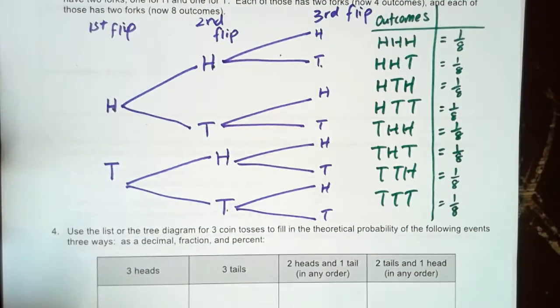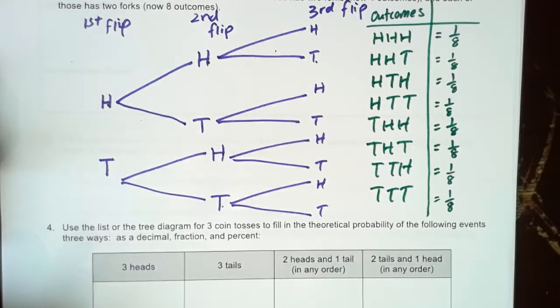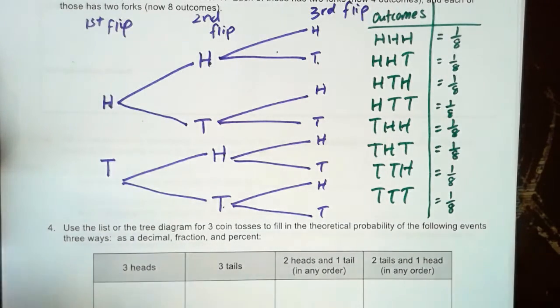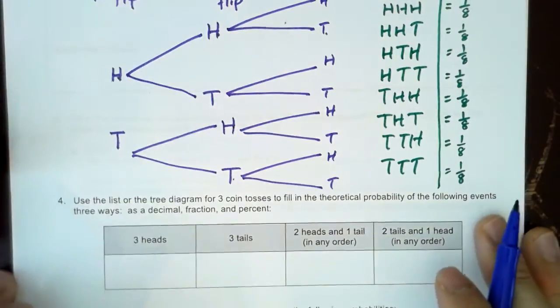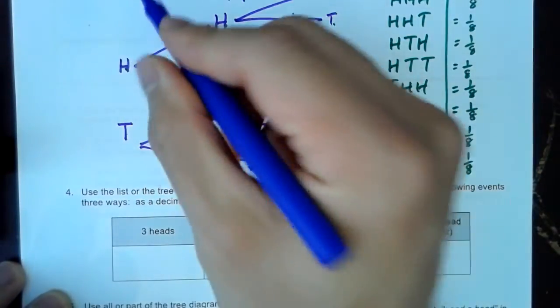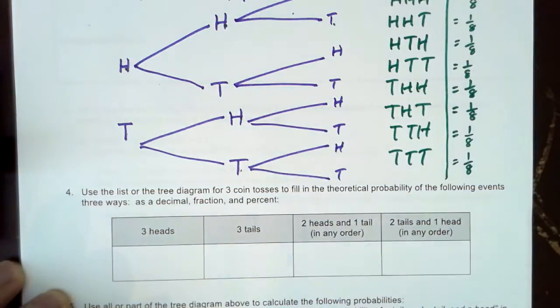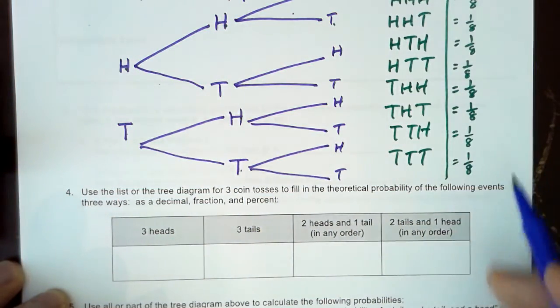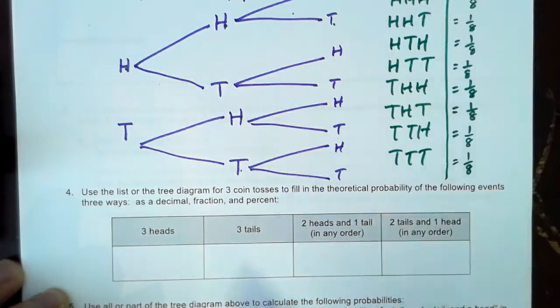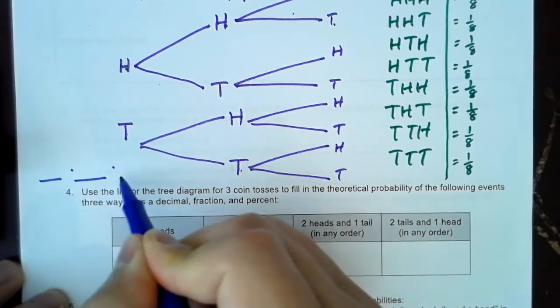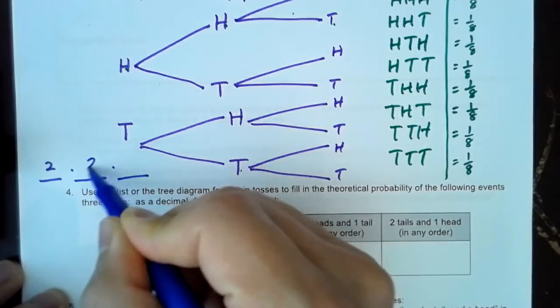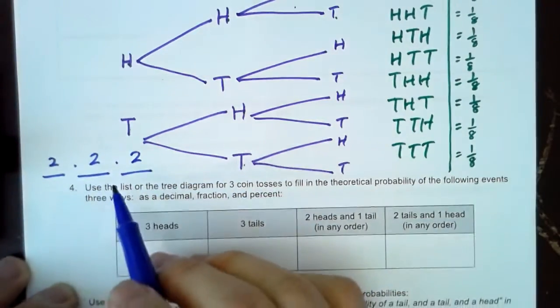And you may remember something that we call the fundamental counting principle, which is basically if you take the amount of outcomes for each event and you have a certain amount of events, then you will have to multiply the amount of outcomes for each event together. So in this case, we had 3 events, and each event had 2 possible outcomes each.